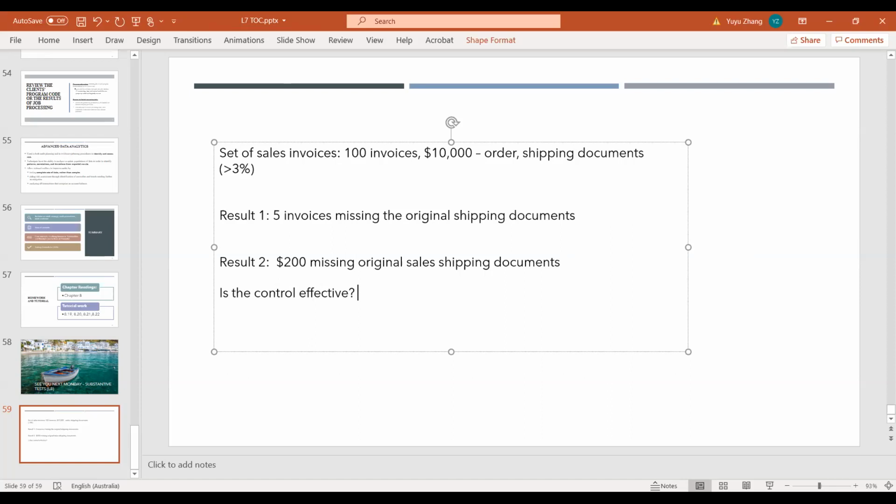I guess on result 1, 5 invoices missing, the control is not effective because it's greater than 3%. It's at 5%. And on result 2, the control is effective because it's less than 3%. It's at 2%. I'm not saying result 2, result 1. I just say results. They are based on the same thing, in relation to $200. So what is your judgment?